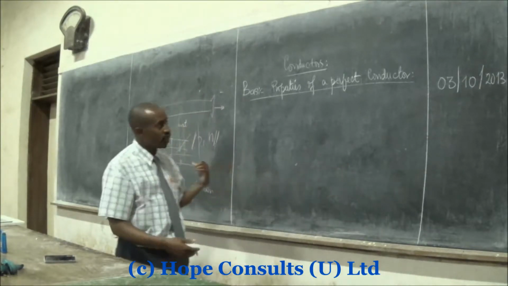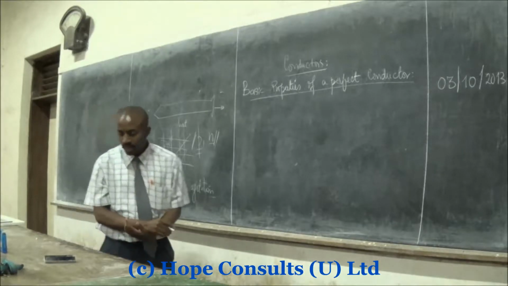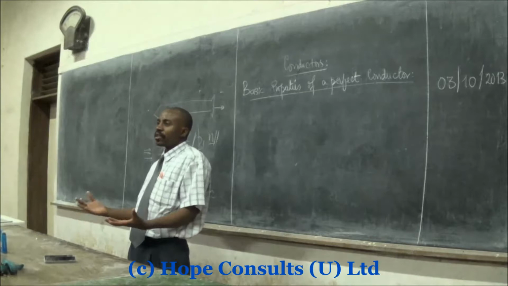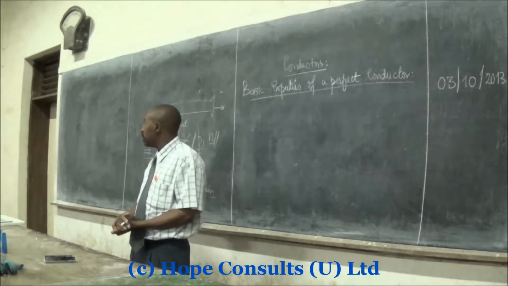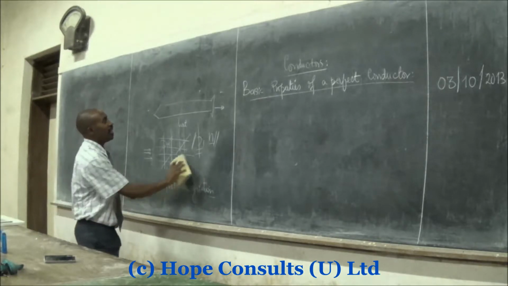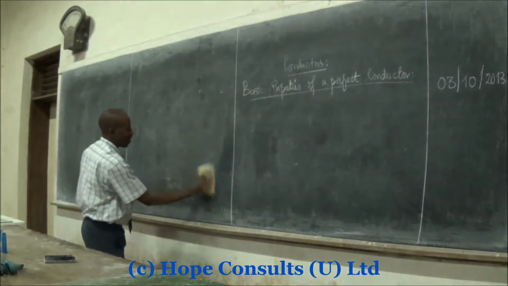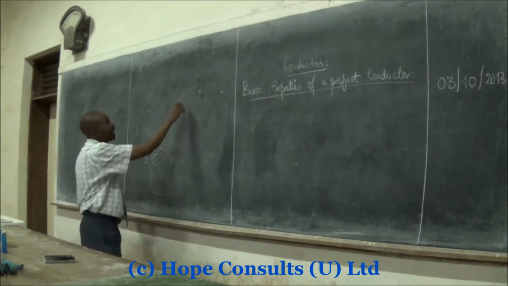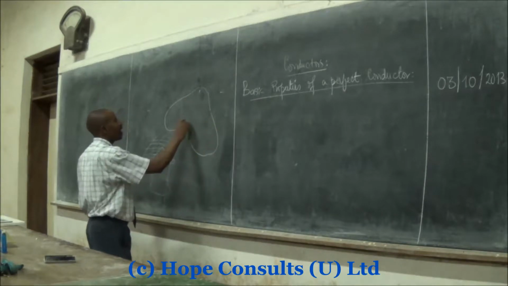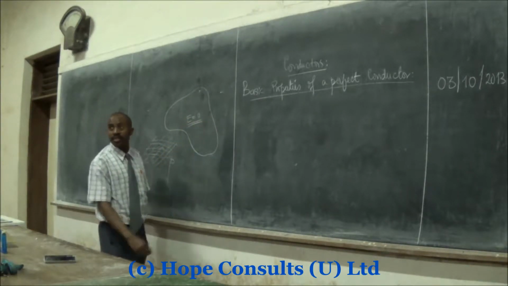And in the PN junction, you must have seen something of the sort. So in a conductor, when a conductor is perfect, what makes it perfect? It is deemed that inside the very perfect conductor, there is no electric field. So inside the perfect conductor, E inside is zero.